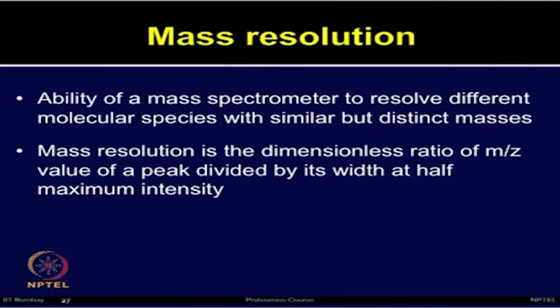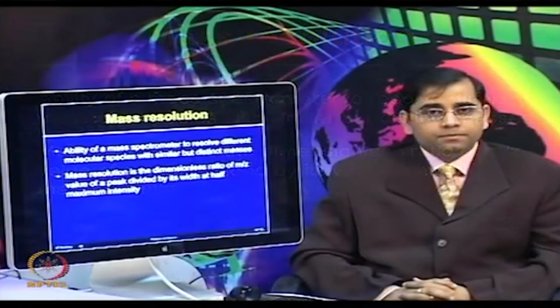So, mass resolution, it is the ability of a mass spectrometer to resolve different molecular species with similar but distinct mass. Mass resolution is the dimensionless ratio of the m/z value of a peak divided by its width at half maximum intensity.